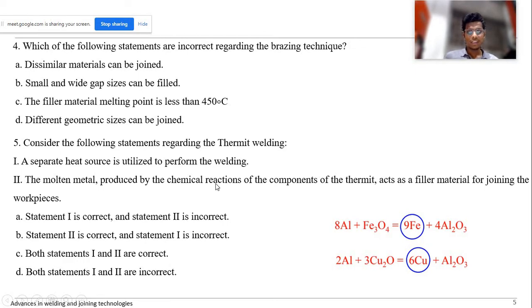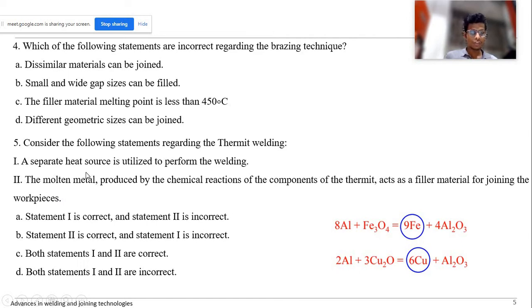Here, see, this is thermite welding. Due to the exothermic chemical reaction between the metal and the metal oxide, heat will be generated. That heat will melt the metal, and this melted metal will be used as a filler metal for joining the workpieces. So statement 2 is correct.